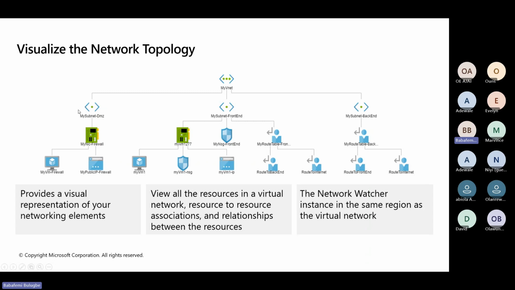For every resource you attach to a virtual network, you need to have a subnet. You can see you have 3 subnets here. If you are connecting a virtual machine, it doesn't just connect directly to a subnet. It uses what we call the NIC, which is the network interface card. Within the subnet is where you have the NIC, and you can see the connection; this is where your virtual machine is connected.